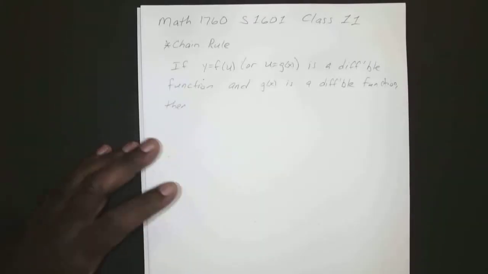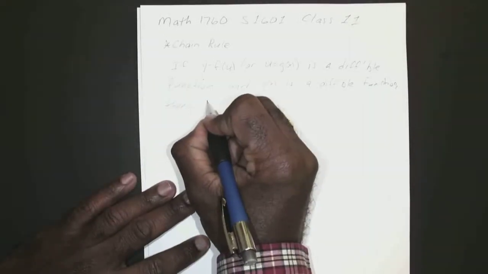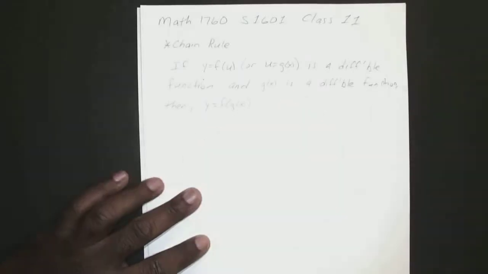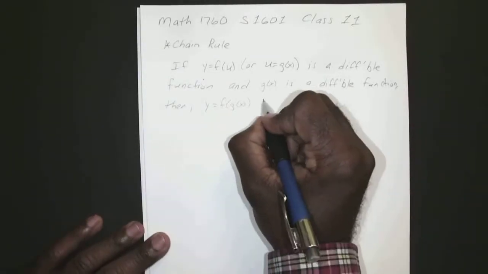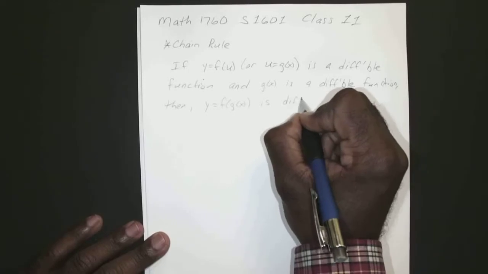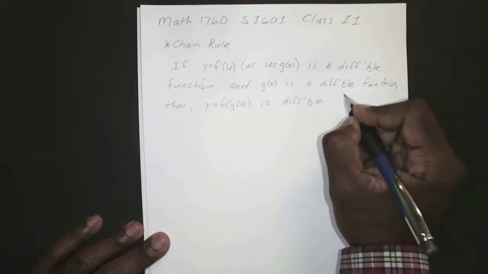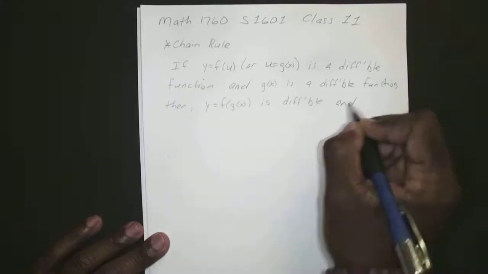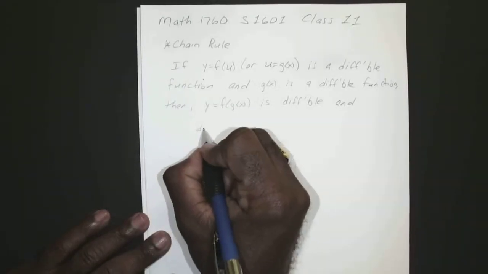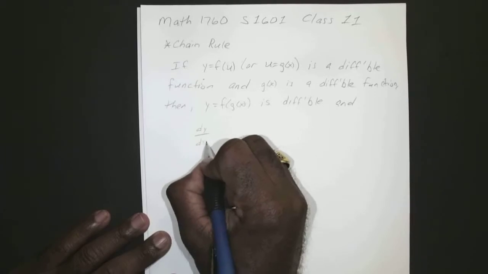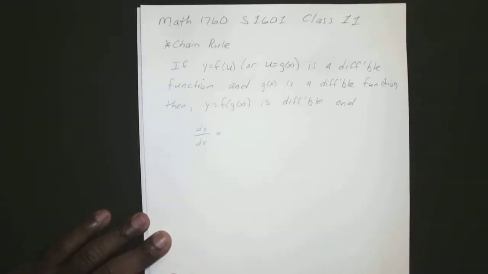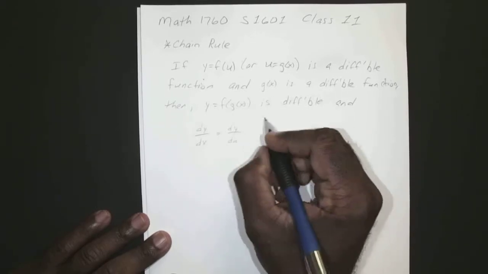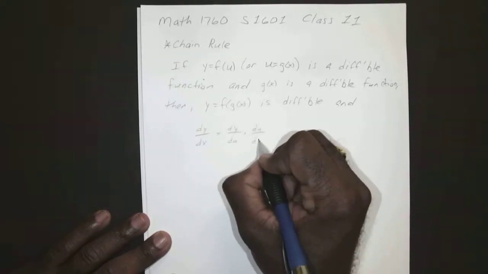Then if you have the composite of the two, y equals f of g of x, is differentiable. And the derivative of y with respect to x is going to equal the derivative of y with respect to u times the derivative of u with respect to x.